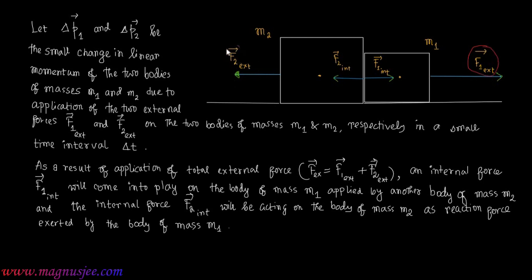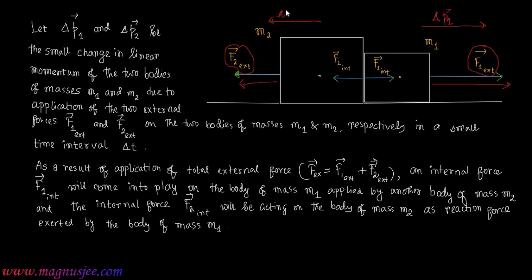In the diagram, vector F1 ext and vector F2 ext are acting towards right and left on the bodies of masses m1 and m2, and due to application of these two external forces, the linear momentum of the body of mass m1 will change by an amount delta vector p1.